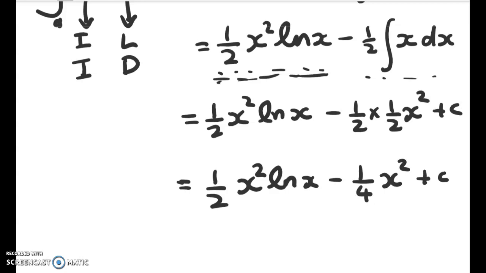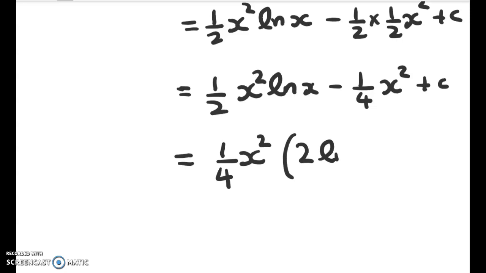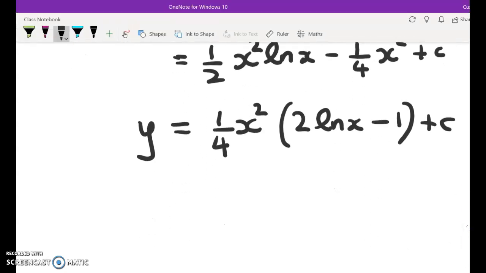So we could check, I'm going to check that one just because this video is quite short. Let's just have a go and see if we get back to the right thing. So factorising this, I'm going to get 1/4 x squared times, what am I going to do here, 2 log x minus 1. That's probably going to be the fastest way to practice my differentiation. So let's do some product rule on that and make sure we get back to the integral we want.